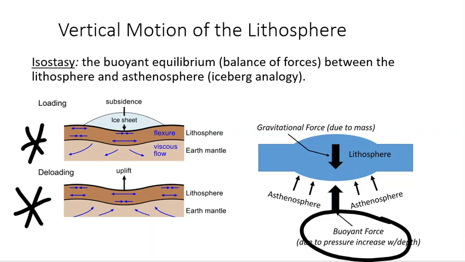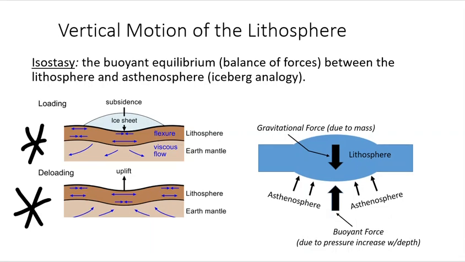And it's ultimately a result of the fact that pressure increases with depth within the lithosphere and also the asthenosphere. So we'll get to that in a minute here. But for now, I just really want you to appreciate that isostasy is ultimately a balance of forces. Which two forces? The gravitational force wanting to pull the lithosphere downward, and the buoyant force wanting to push the lithosphere upward.